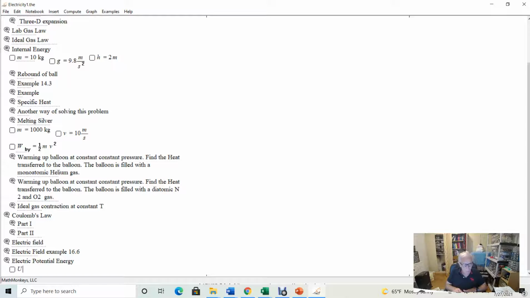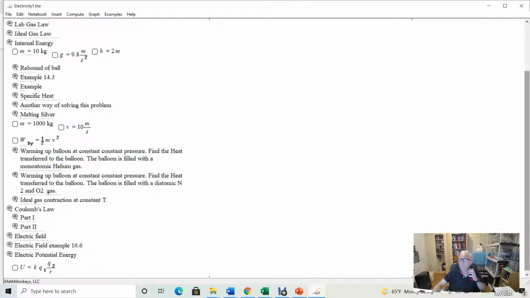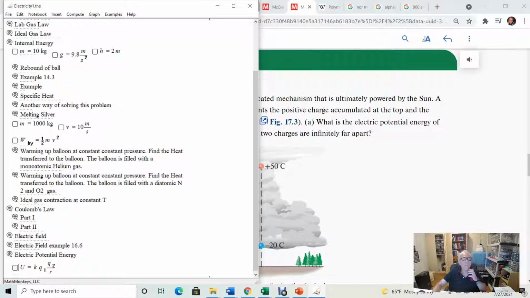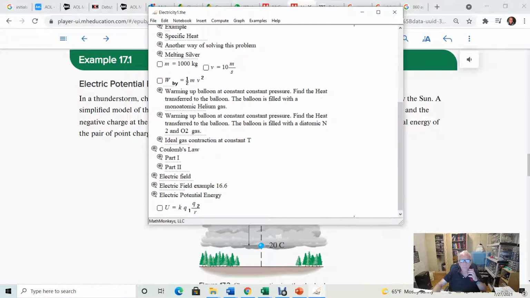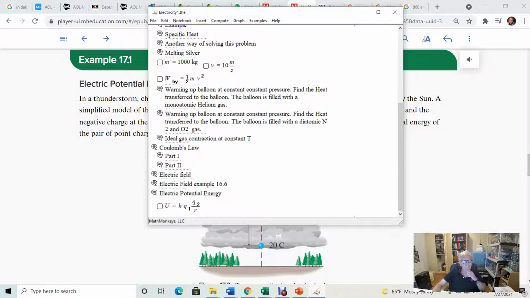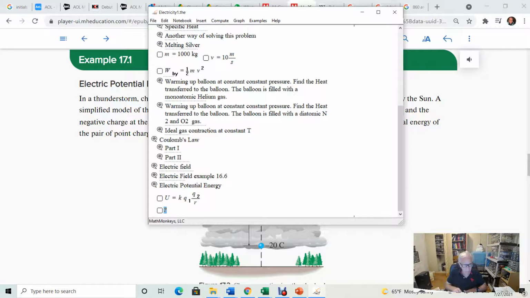Okay, U is going to be given by K Q1 times Q2 divided by the distance between the charges. K shouldn't be difficult to remember, right?